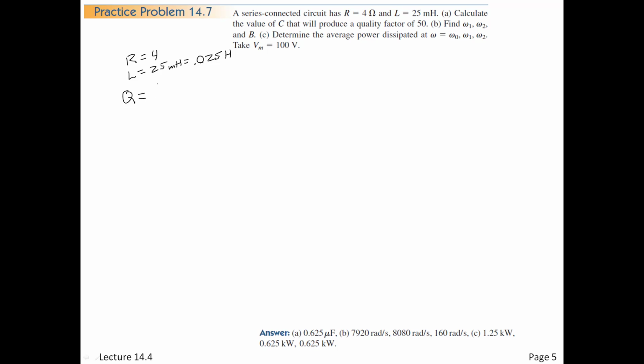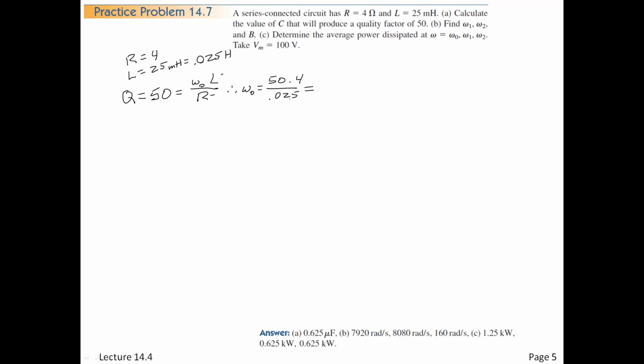All right, well, one thing we can find right away is what's the omega 0? We don't know that, right? But we do know that Q, 50, is equal to what? Omega 0 L over R. We just derived that. So we know these two things, and we can find that omega 0 is, what have we got? 50 times 4 divided by 0.025.